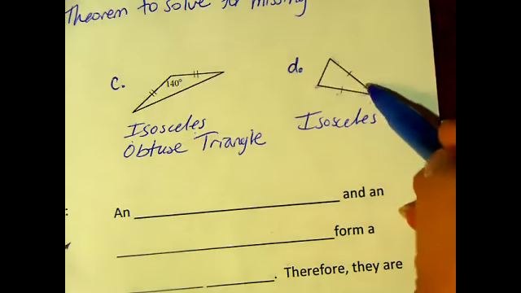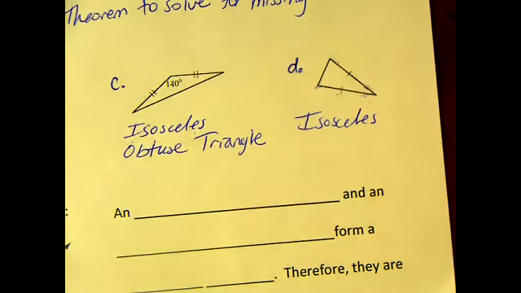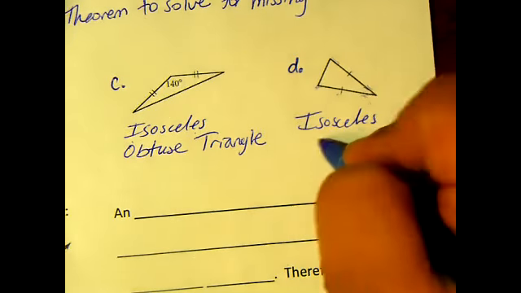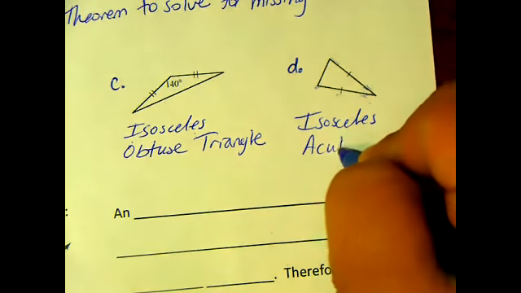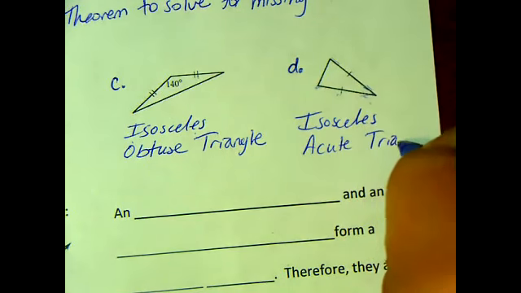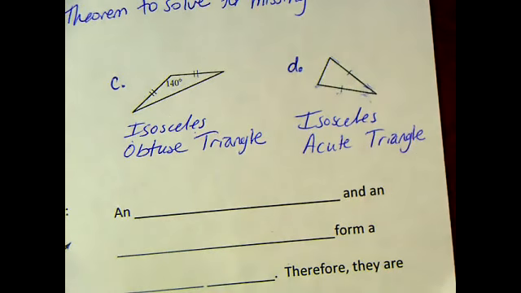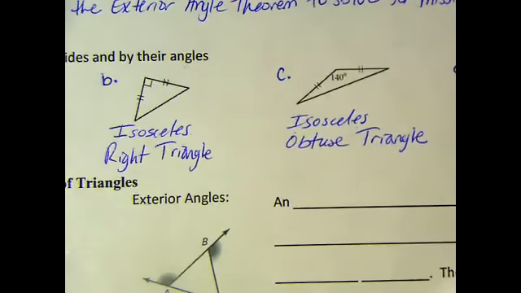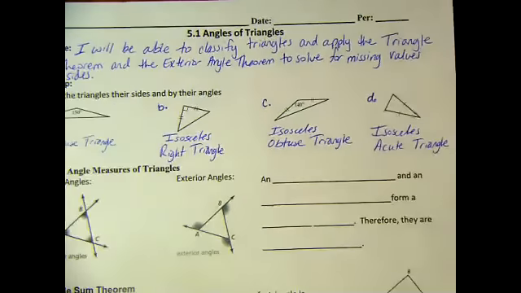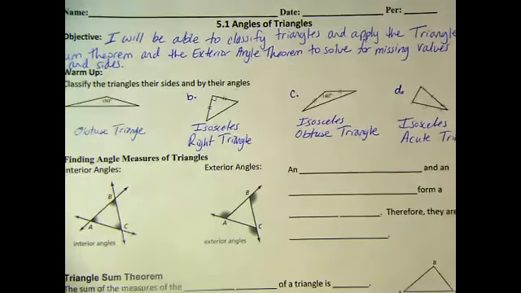So they all three look to be acute, which would make them an isosceles acute triangle. So these are the classifications for all four of our triangles here.